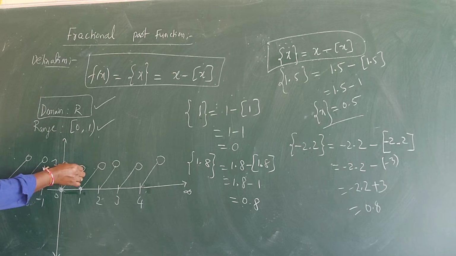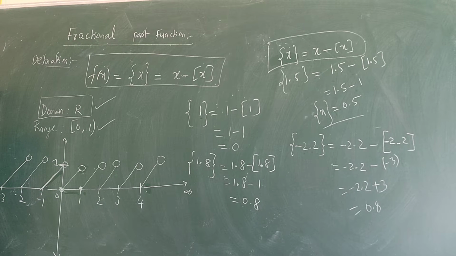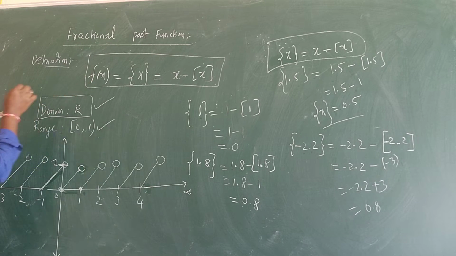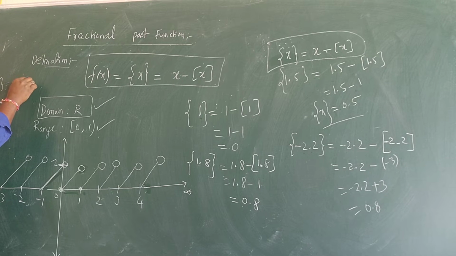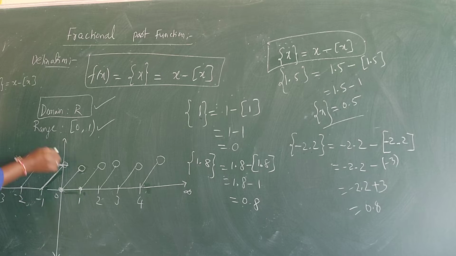So here, for this line, y is nothing but the fractional part of x. That is equal to x minus greatest integer x. I am repeating, listen carefully.